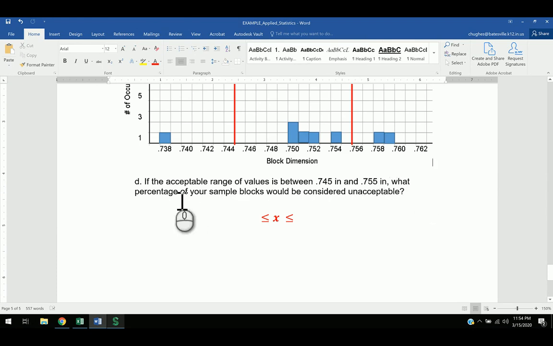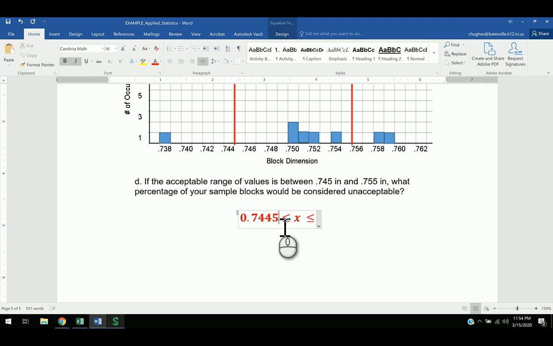What percentage of your sample blocks would be considered to be unacceptable? What we're going to do is look at writing an inequality. So in this scenario, we're going to have anything that would be 0.7445, which would end up rounding up to 0.745 in that scenario.